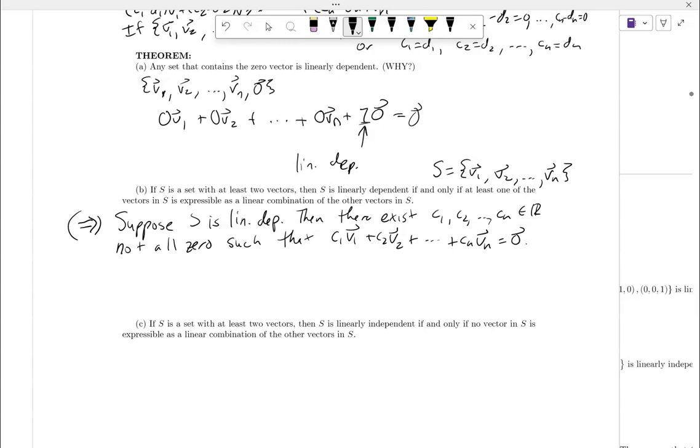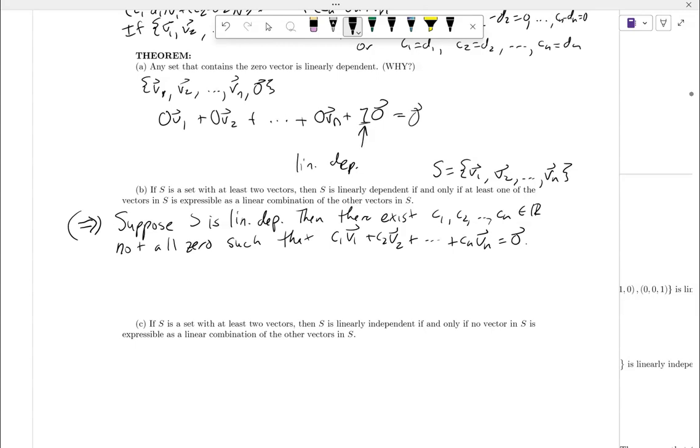So if you had something like, say, 3x plus 4y minus 5z equals the zero vector, what would I need to do to solve that for z? Yeah, move the 5z over and divide by the 5, right?